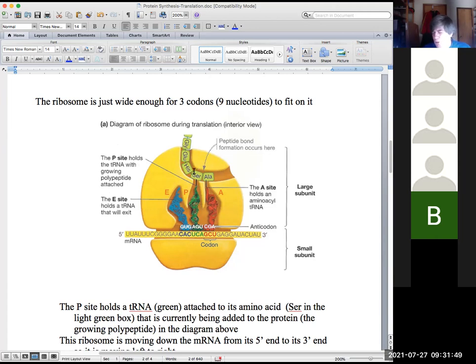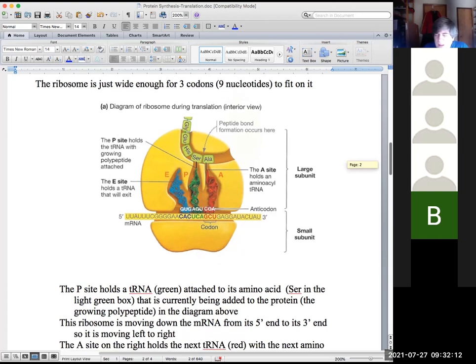And AGU will only pick up serine and will only fit in this spot. So it does happen very rarely, but it's almost impossible for the cell to make a mistake and put the wrong amino acid in the wrong spot. It can happen, but it's very, very rare.